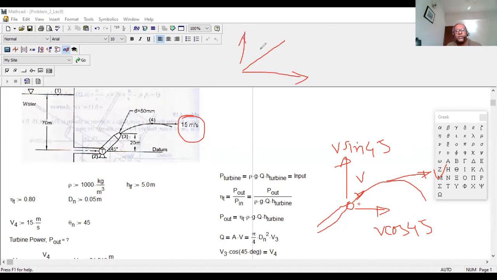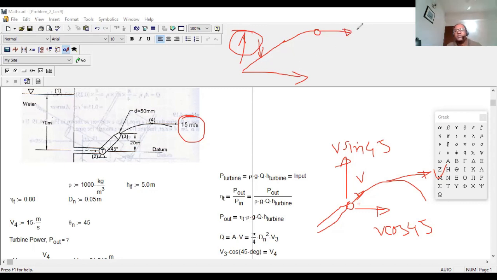Now it gradually moves upward, but gravitational force pulls it downward. When this force becomes zero, coming right over here, this vertical component becomes zero. Then you will have only the horizontal component, not the vertical component.